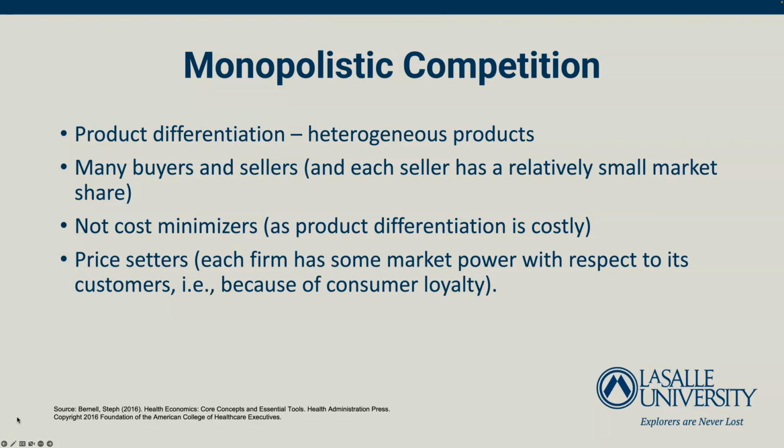This would also apply to the market for physician services, for instance. Here we don't have cost minimization, and because of that, product differentiation is costly, and these firms are also price setters rather than price takers. And that's because each firm has some market power with respect to its customers, because of customer loyalty.